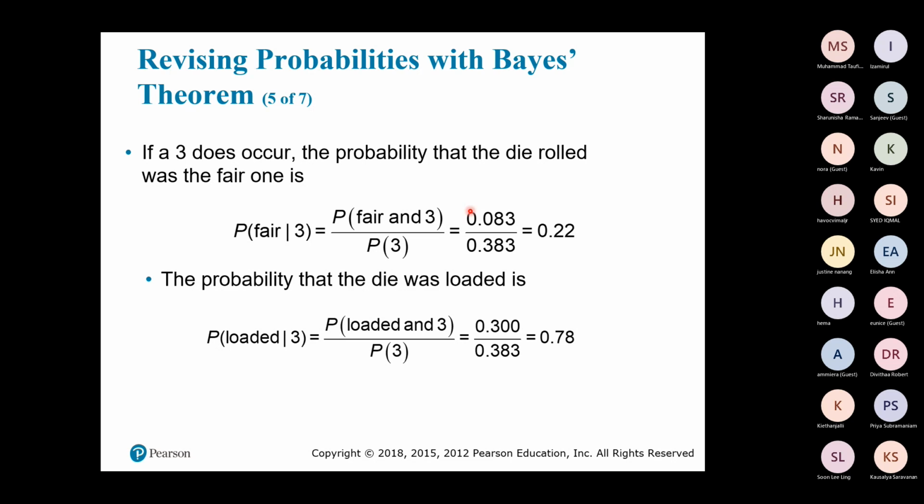Jadi the probability of choosing a fair dice when your throwing result is number 3 is 0.22.